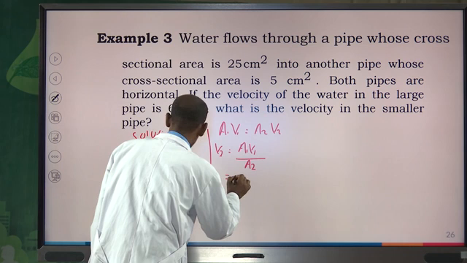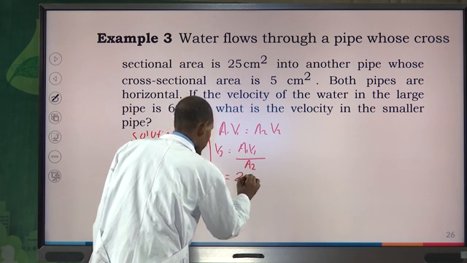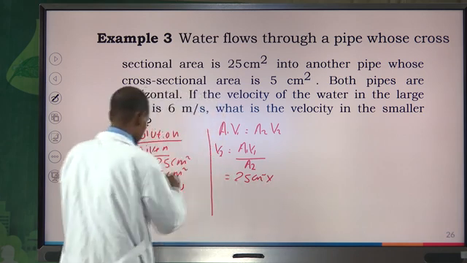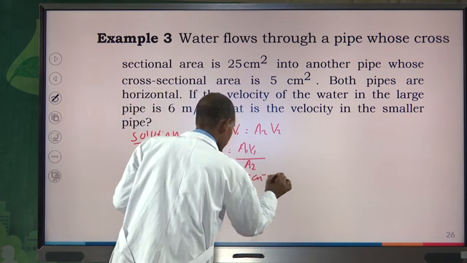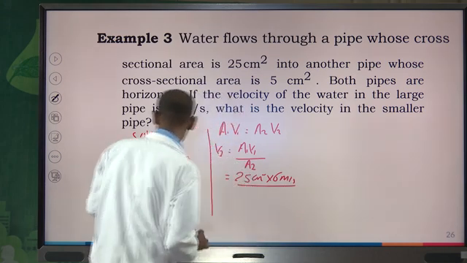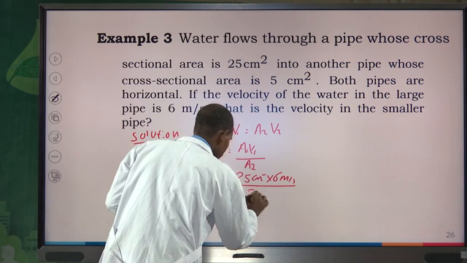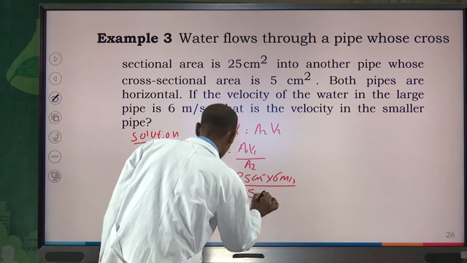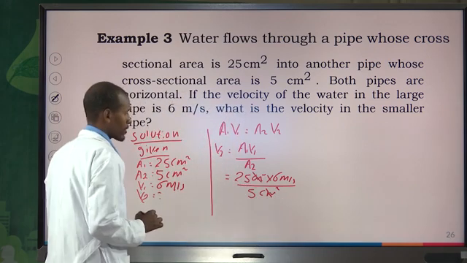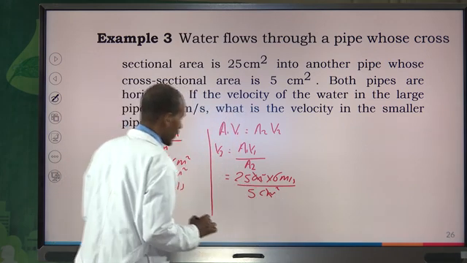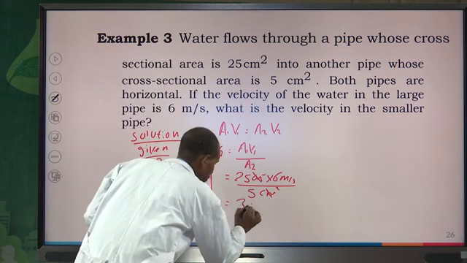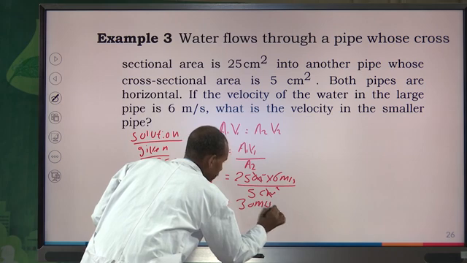So this is equal to area 1, which is 25 centimeter square, times V1, which is 6 meter per second, over area 2, which is 5 centimeter square. The unit will be cancelled as I have told you previously. So 25 divided by 5 is 5. 5 times 6 is equal to 30 meter per second.